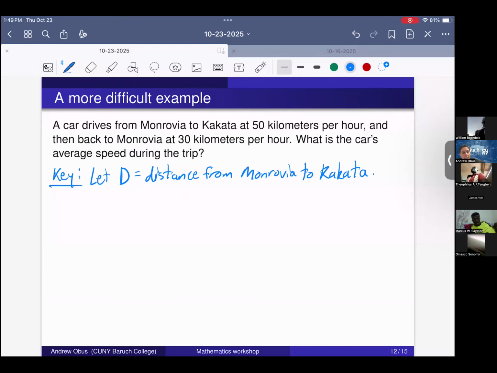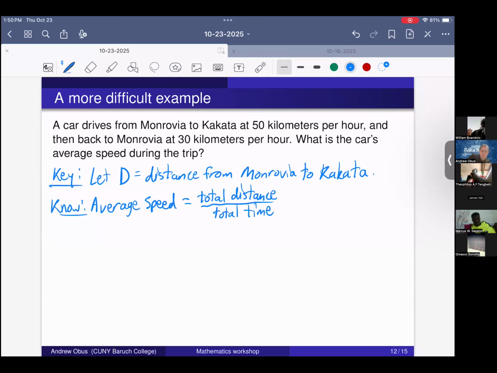So we want to know the average speed during the trip. Well, we know that the average speed is equal to the total distance over the total time.